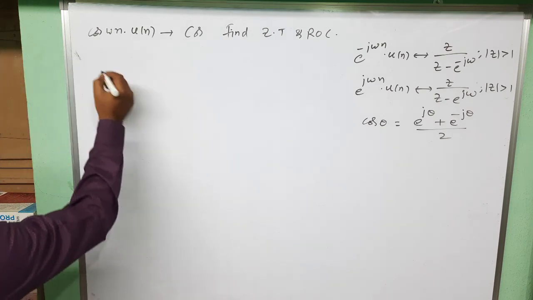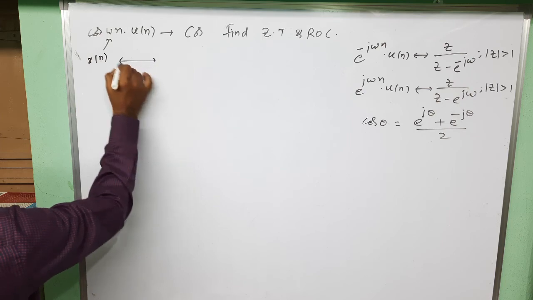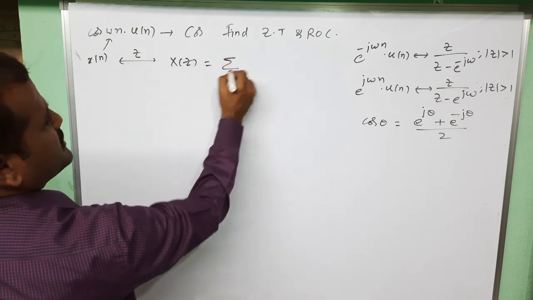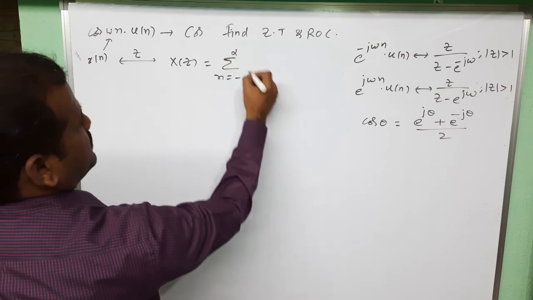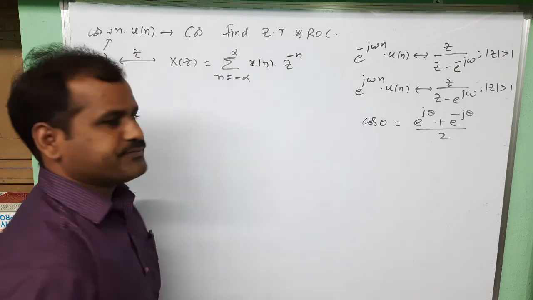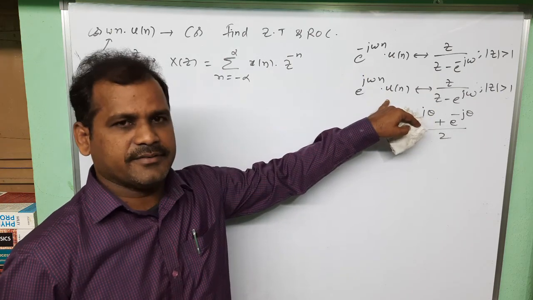Let us find the Z transform of this function. Assuming this is x of n, the Z transform of x of n, X of z, is given by the standard formula, the sum of n from minus infinity to plus infinity x of n z raised to minus n. But instead of using this one, we are using these two functions directly.